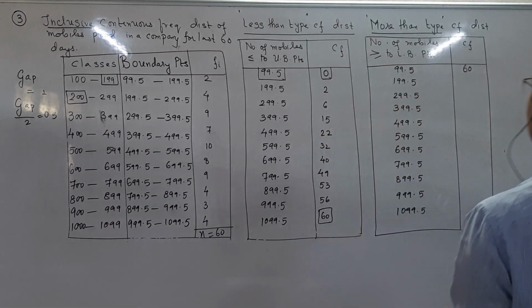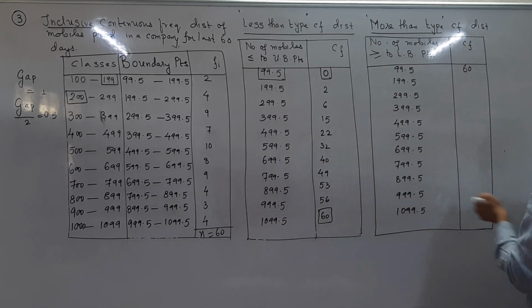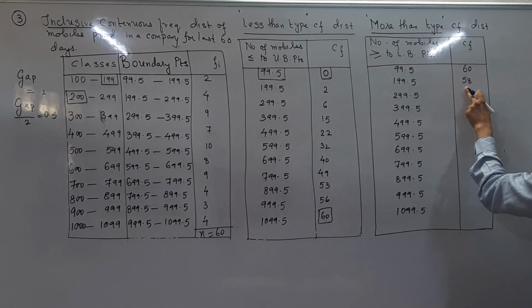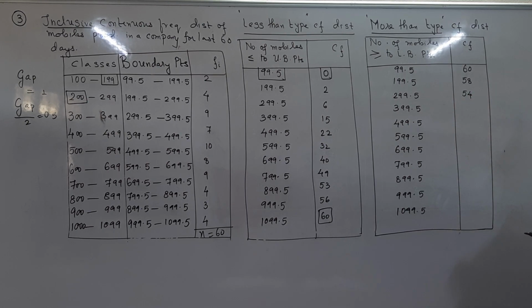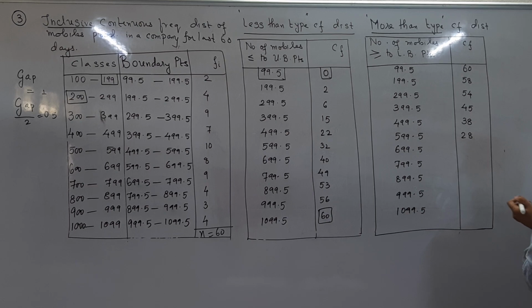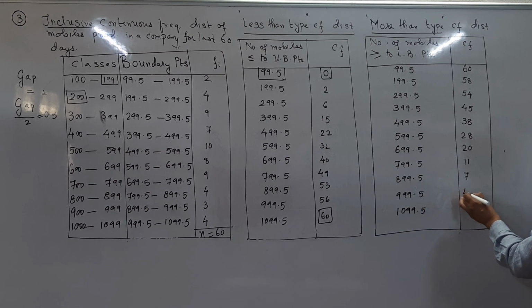So the second CFI will be 60 minus 2, which is 58. 58 minus 4, so this is 54. 54 minus 9, so it will be 45. 45 minus 7, so it will be 38. 38 minus 10, so 28. 28 minus 8, so 20. 20 minus 9, so 11. 11 minus 4, so 7. 7 minus 3, so 4.